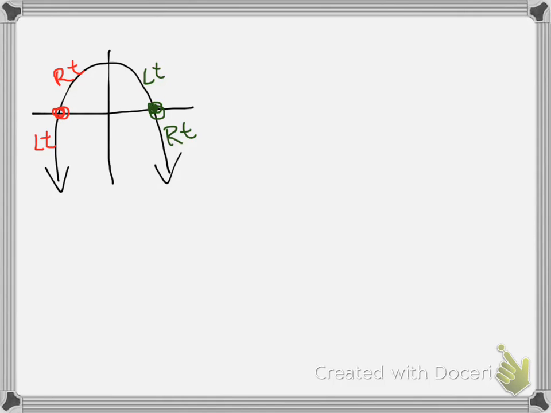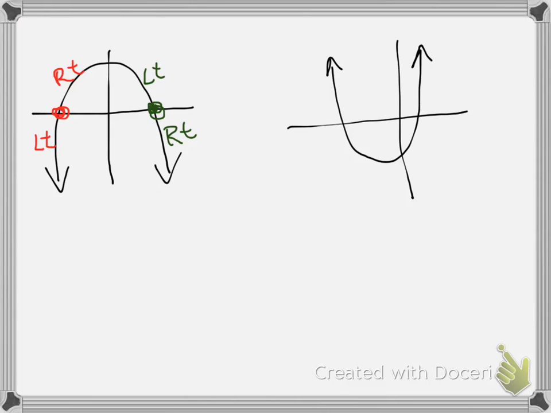Now, what if that changes and now your graph is going the opposite direction? Well, again, it's always relative to the point you're trying to find. So to the left of that point is above, and to the right of that point is below.